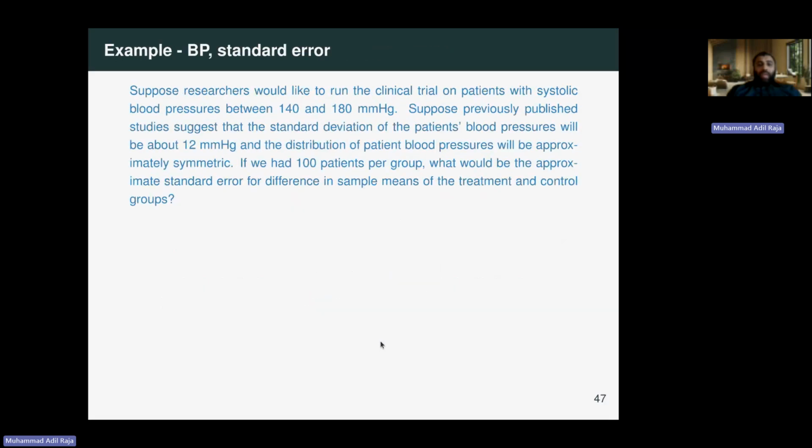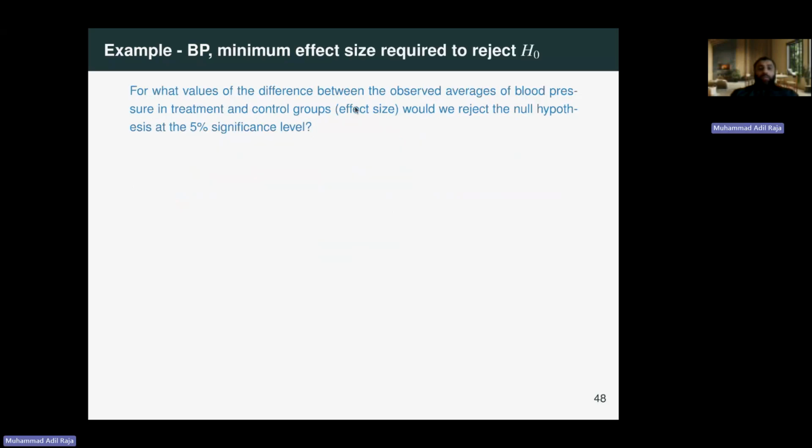Now we have this effect size to talk about. So what is the effect size in this context? It tells us when we say that the treatment had an effect.